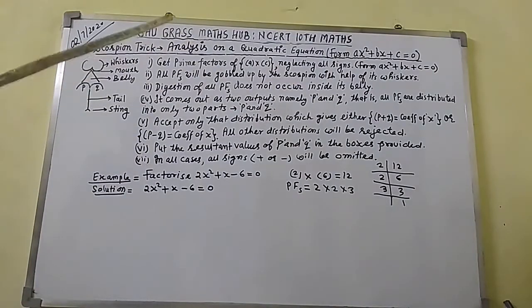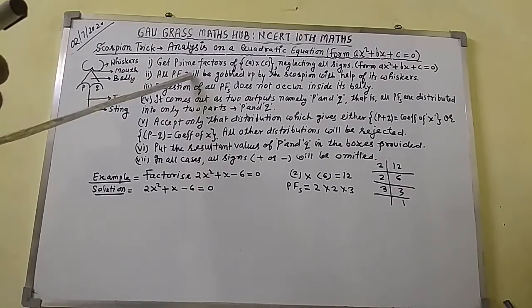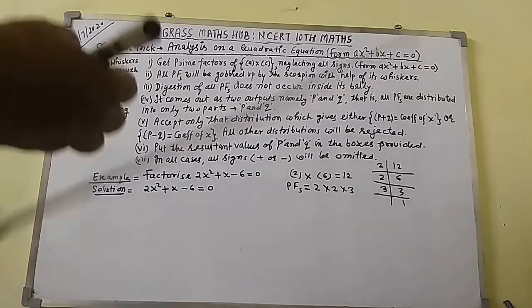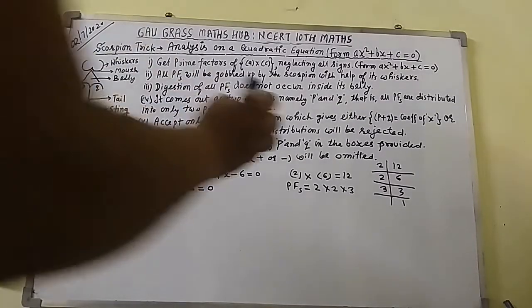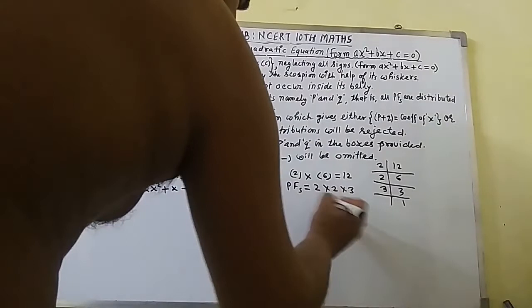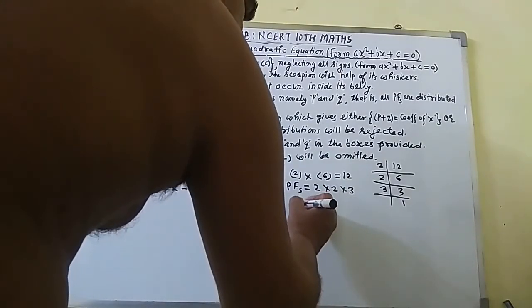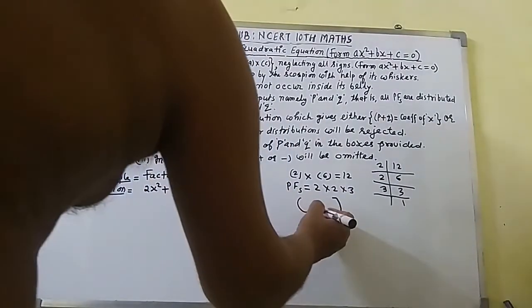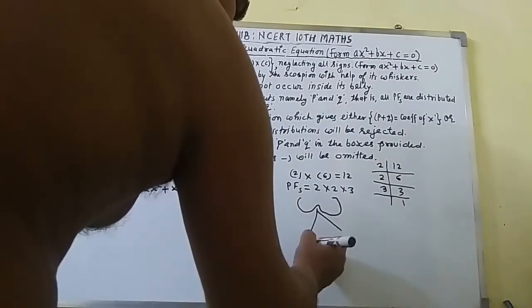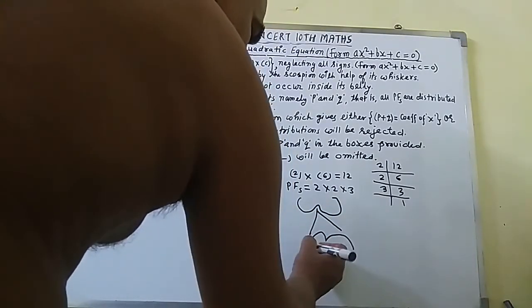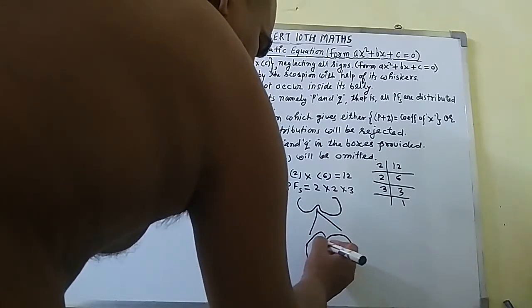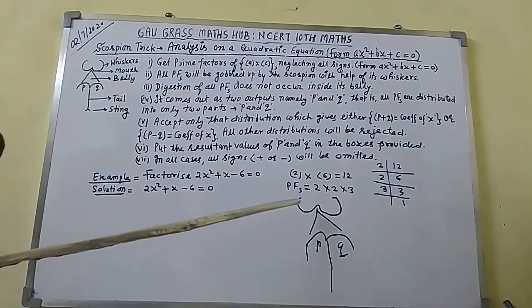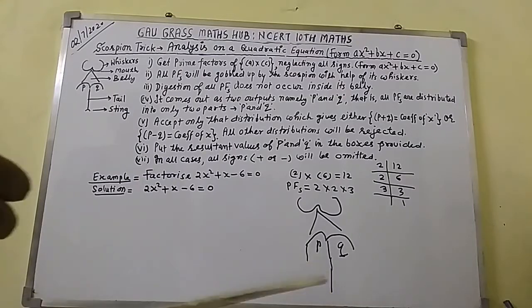Now all PFs will be gobbled up by the scorpion with the help of its whiskers. You can see here, this is a scorpion.